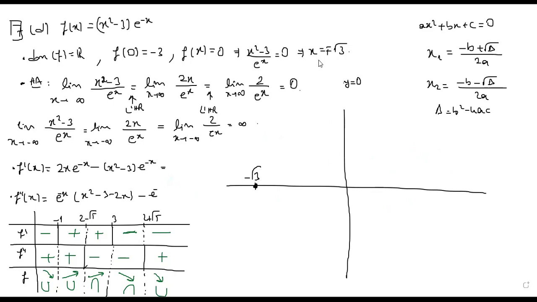Here we have these, the roots of the polynomial. And we have -1, 2 minus square root of 5. We have square root of 3, which is another root of the function. And this 2 plus square root of 5.